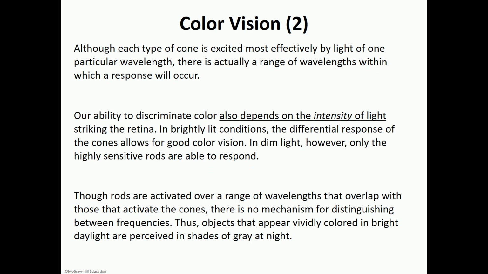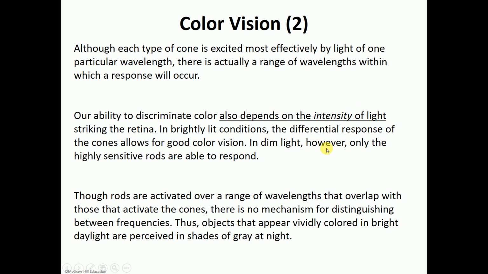And as we said, although each type of cone is excited most effectively by one color, it's really a wavelength of color, so different ranges of that one color. And our ability to discriminate color does not only depend on which receptors we activate, but it also depends on the intensity of light.